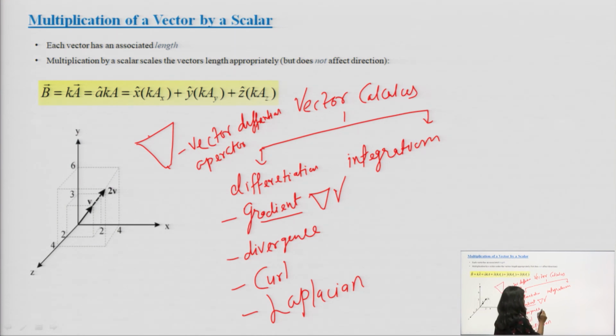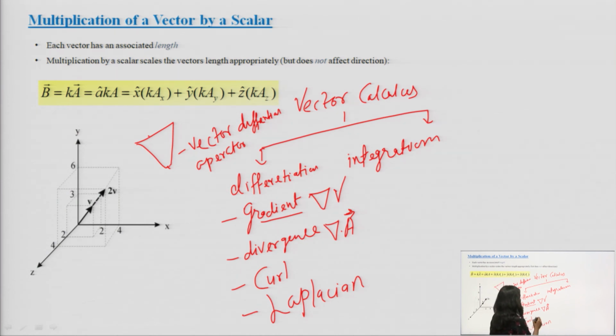Further, divergence is nothing but the dot product of the del operator with any vector. Here v is the vector and the result of this divergence, that is del dot v, is a scalar quantity. Means gradient maps a scalar into a vector, however divergence maps a vector into a scalar.